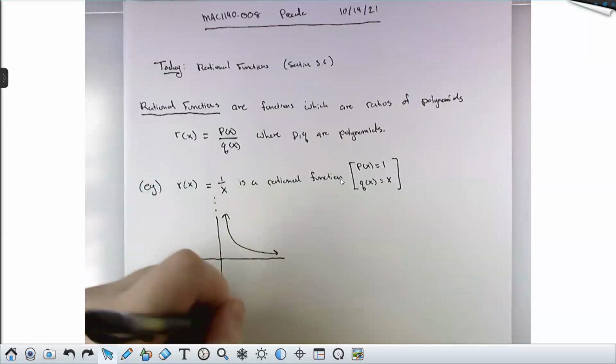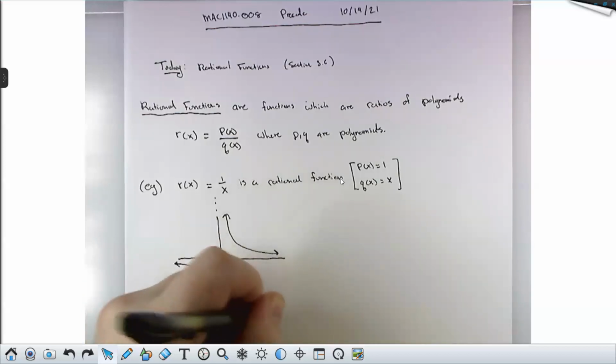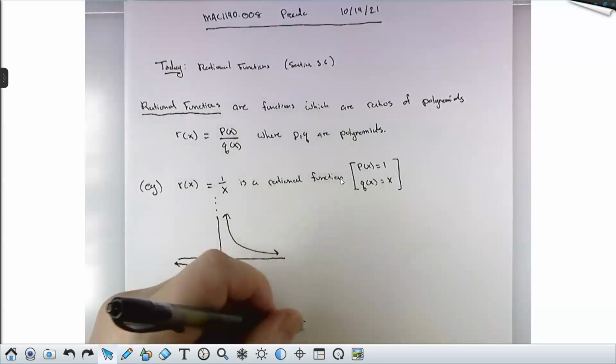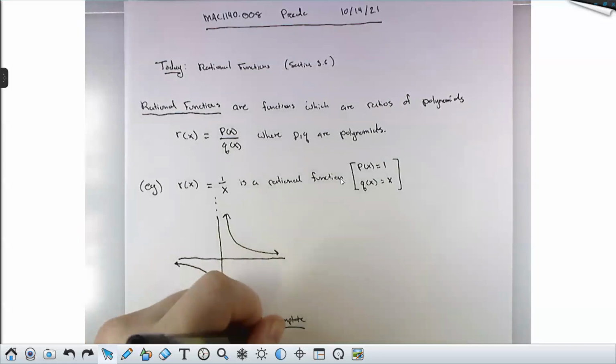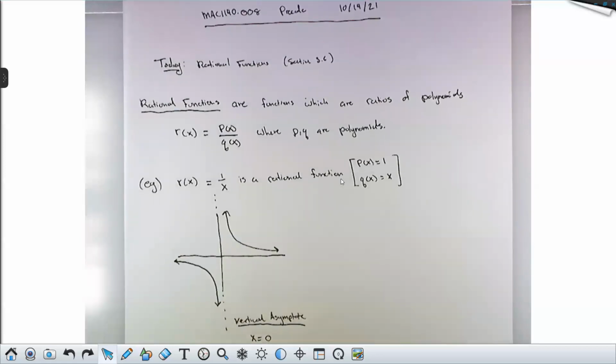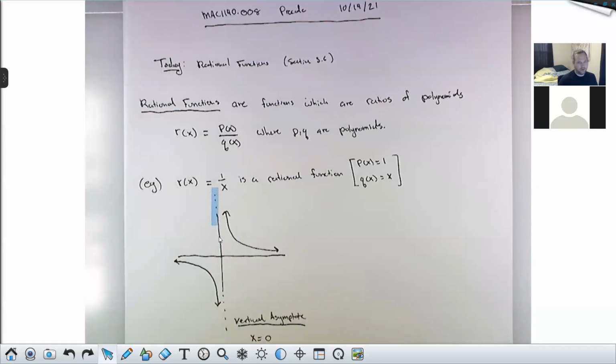That dotted line is called a vertical asymptote. And here I would say that that vertical asymptote is the line x equals 0. Remember, x equals a constant is a vertical line. Y equals a constant is a horizontal line. So this vertical line right here that this function kind of sticks to as it blows up to infinity and negative infinity is called a vertical asymptote.